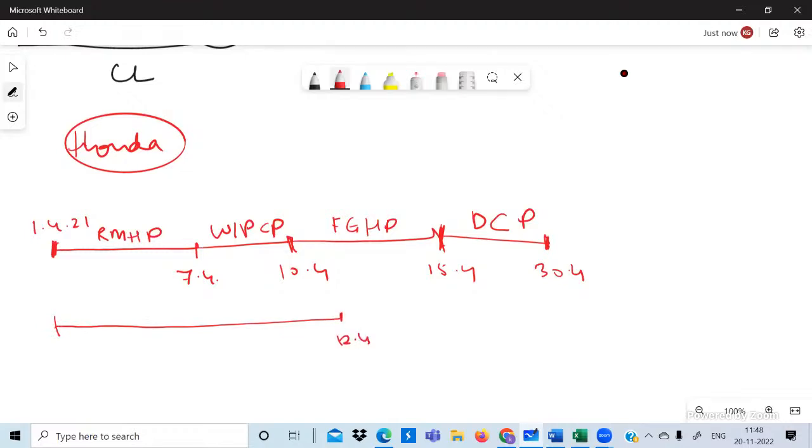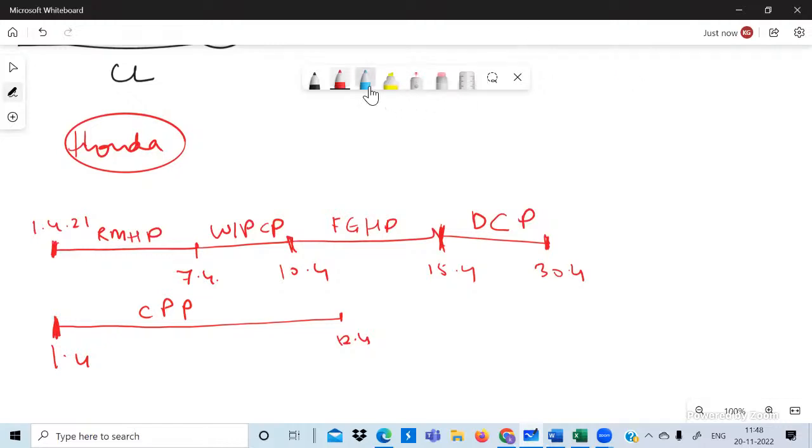Which means you place an order on 1st, you get the raw material on 1st of April, but you're making a payment on 12th of April. So this time frame is known as creditors payment period. So creditors payment period is a time which you get as a company to make a payment to your supplier.